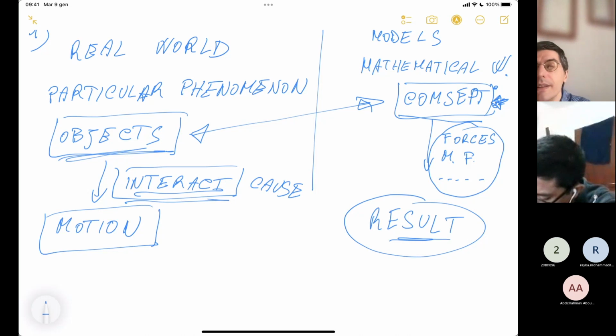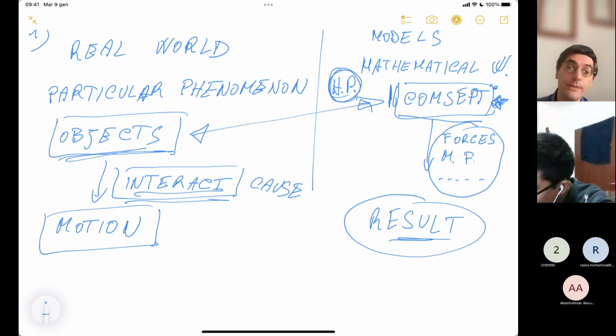What is the result in this case? The result in this case is some plot, some function. It gives you the configuration of your system with the hypothesis that you consider at the beginning.